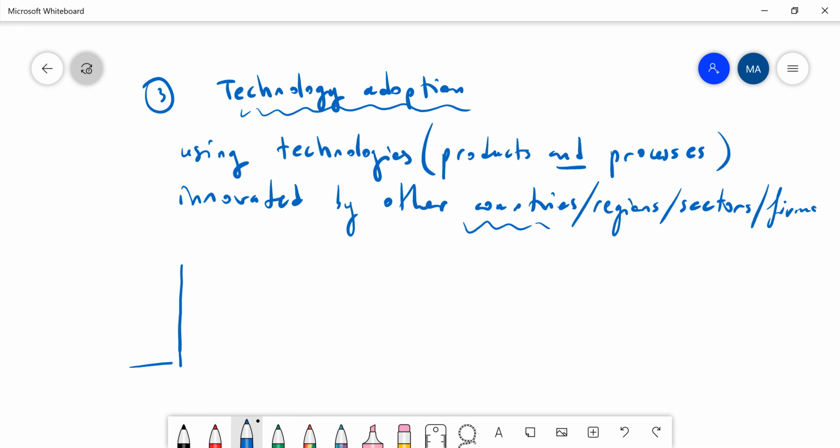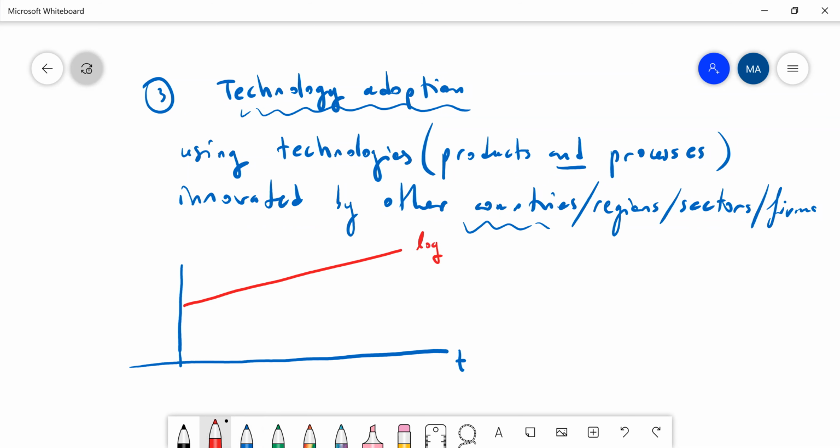So suppose that this is time, and let's say this is the natural logarithm of productivity in the United States. So the United States is an innovator country, and some sort of productivity variable in the US exhibits that continuous increase because of, let's say, innovation.